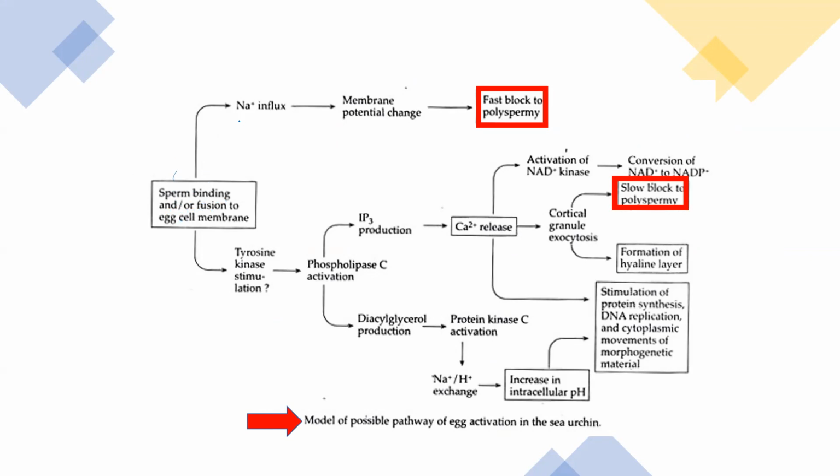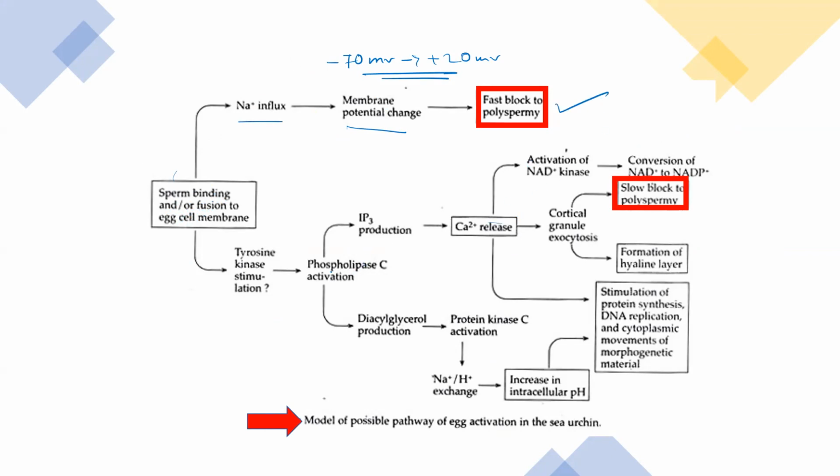There is sodium influx. This means membrane potential change here, from minus 70 millivolts to plus 20 millivolts. This is called fast block to polyspermy.